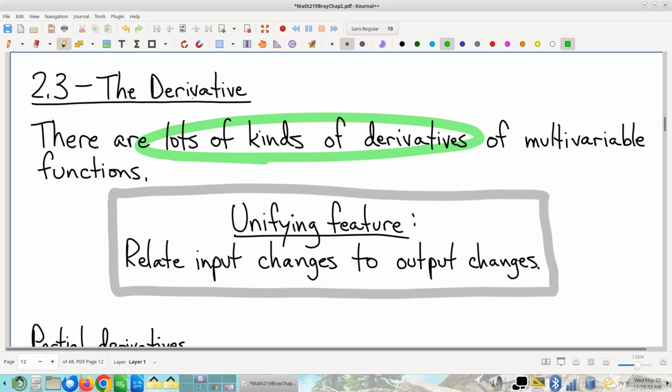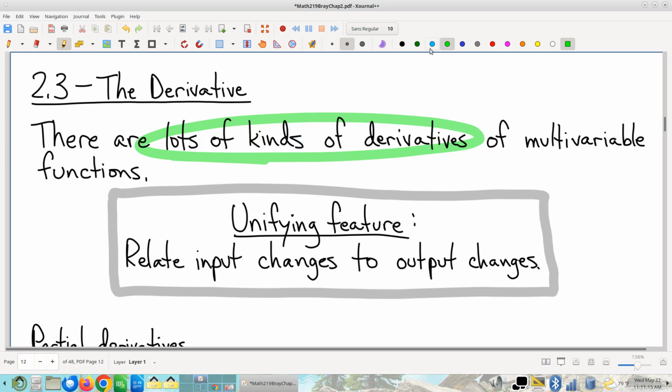Whenever you have a bunch of things that all go by similar names, you have a responsibility to make sure that makes sense in some way. So what is it that suggests that all of these different multivariable calculus concepts should all be called derivatives? What do they all have in common?